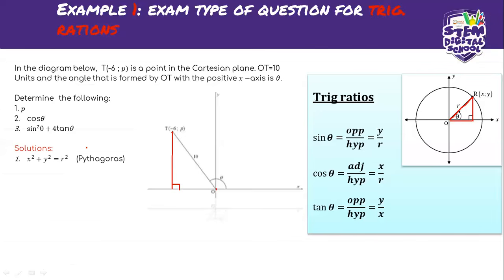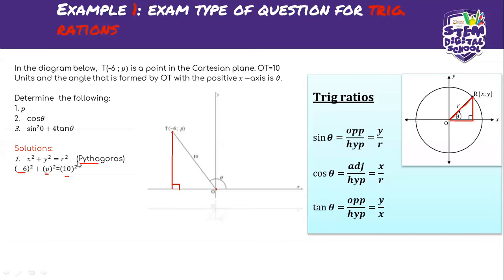All right. First, you write the formula for Pythagoras, which is x squared plus y squared equals r squared. This is the Pythagoras that you're going to use in order to solve P. Then the second step, we just substitute. We have the x value there, which is -6. Y value is P, and R is 10.